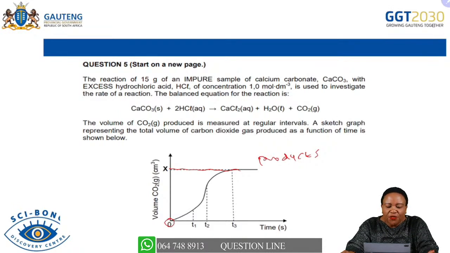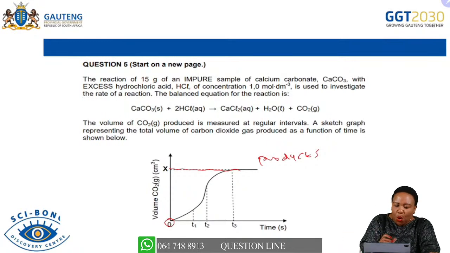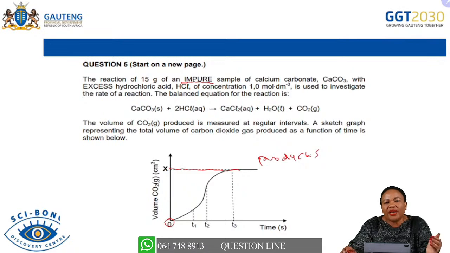The reaction of 15 grams of impure, you see, immediately when they are saying it's impure, what comes into your mind? Obviously, if a substance is impure, you must ask yourself in terms of the concentration of that substance. Is that substance highly concentrated or lower concentrated? Immediately when there are impurities, obviously the concentration will be affected.